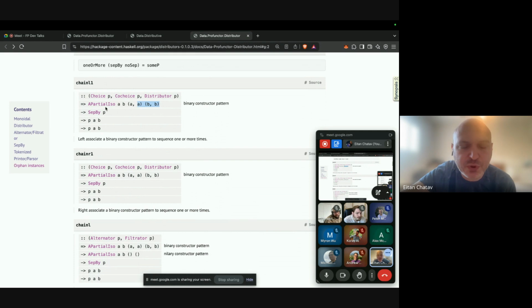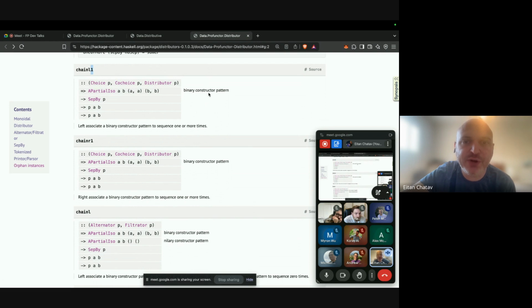And here, the way we do that is by passing in a partial isomorphism, which is a binary constructor. So notice it has A, comma A, B, comma B, and produces a B. We give it a step by, and given a PAB, it gives us a PAB. So this sequences 1 or more times. That's what the 1 is standing for.